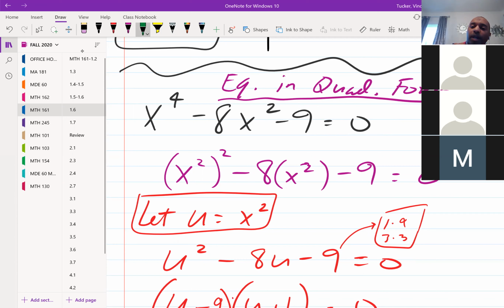Before, we would have something like a squared plus 5a minus 7, wherein you have your a, and then this is a squared. In this case we have x squared, and then x squared being squared. Whenever you have a term, and in front of it is that term being squared, you have an equation that's in quadratic form.